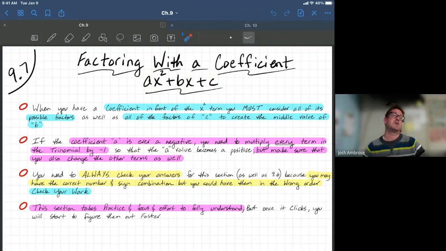What does that mean? That means you can't give up. It takes practice, repetition. You've got to keep trying. Don't just throw in the towel quickly, and certainly don't think that you will magically understand it without a lot of practice.